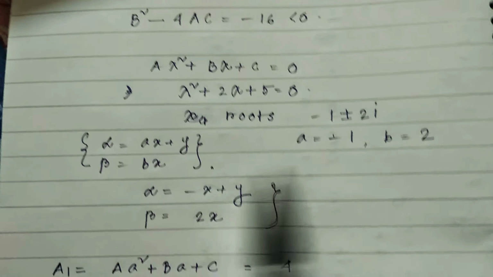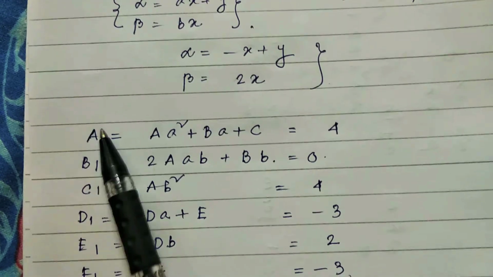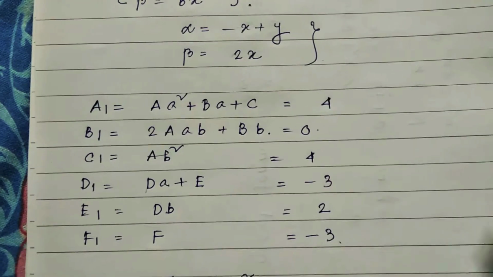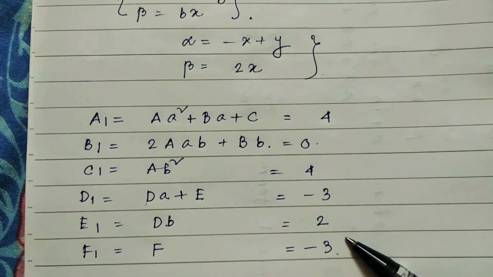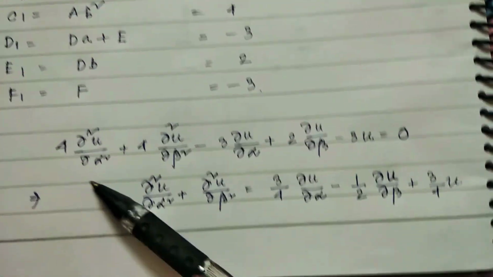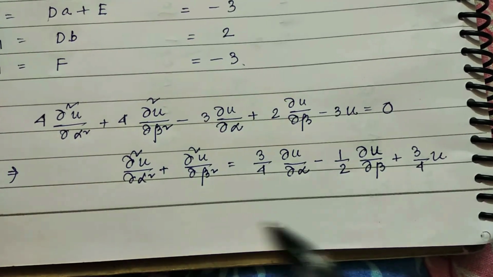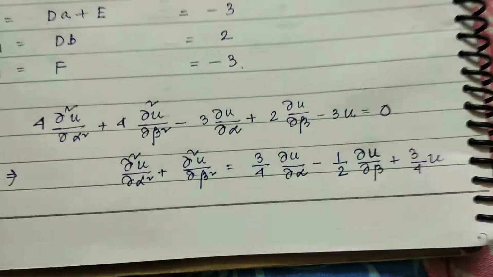It's very simple. Now if we calculate the changed coefficients a1, b1, c1, d1, e1, f1, it will become this, and obviously this is the reduced equation. You see that d1 is 0, so there will be no first derivative term. Ultimately we have this equation. This is the canonical form.